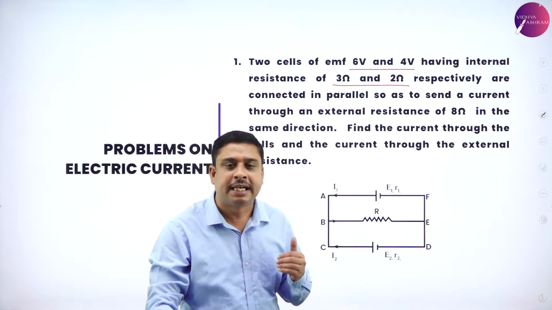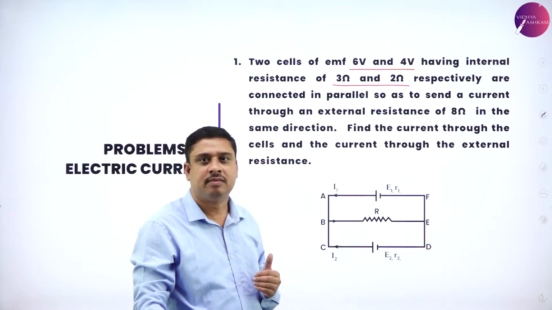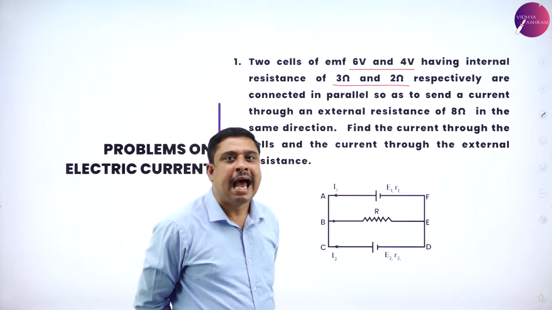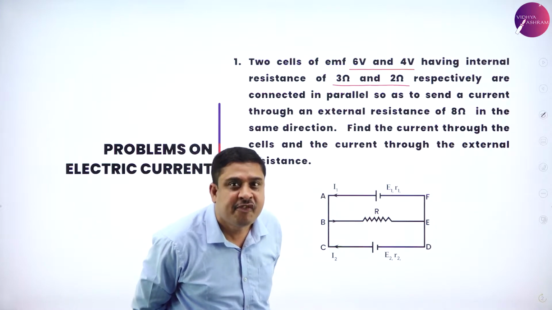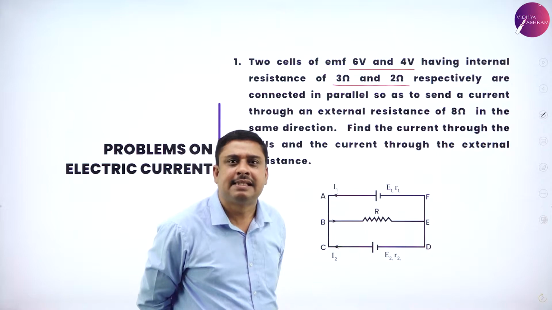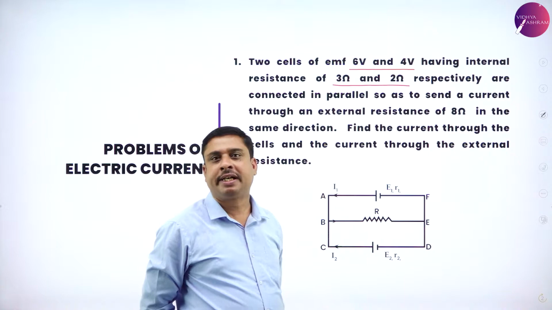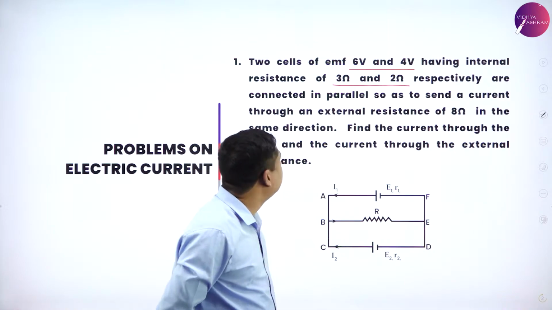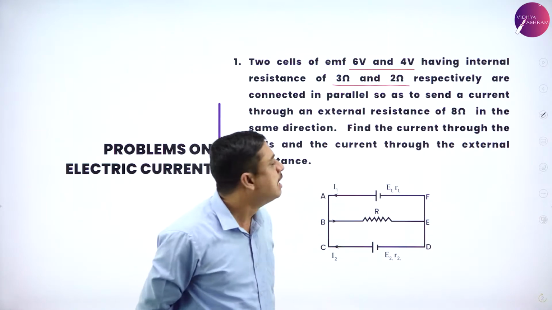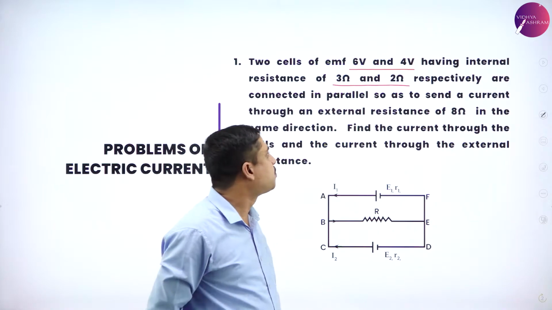The problem reads that there are 2 cells. The first cell has EMF 6 volt. The second cell has EMF 4 volt. And they have internal resistances 3 ohms and 2 ohms respectively.